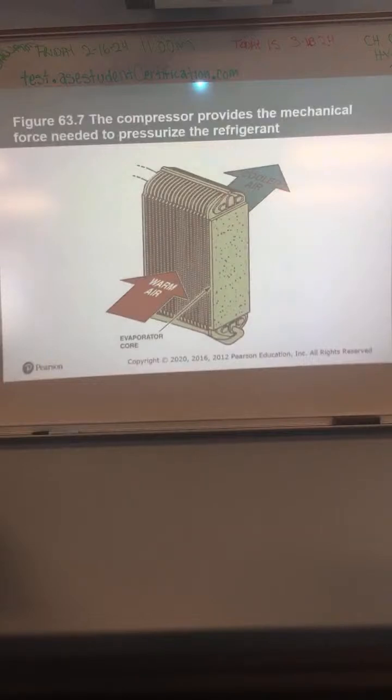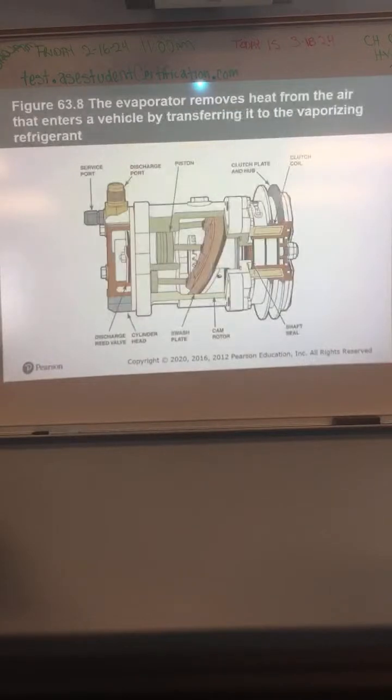Okay, the compressor provides the mechanical force needed to pressurize the refrigerant. This is just a drawing of a basic AC compressor. There's different types, but it just kind of shows you the pieces and parts inside the compressor. Basically, it works kind of like an engine, just got pistons in it. This one uses what they call a swash plate.